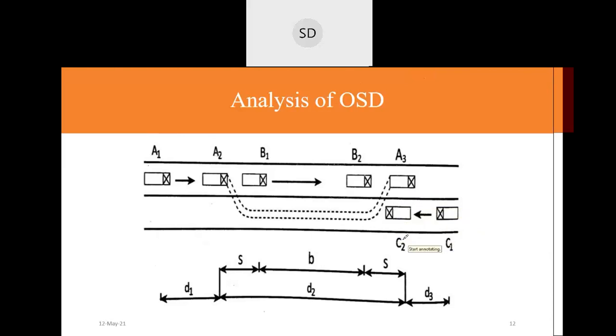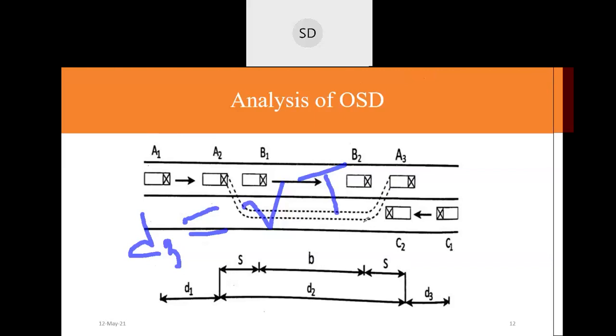So if the speed of C is v meter per second, in that case your d3 distance is v into t meter. Okay, so that is your total overtaking side distance.